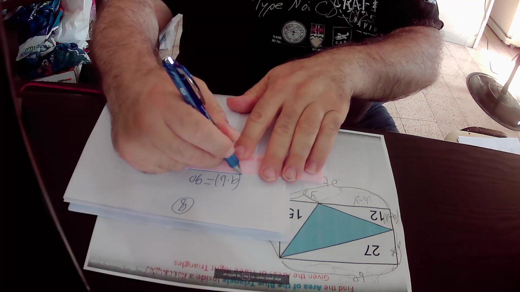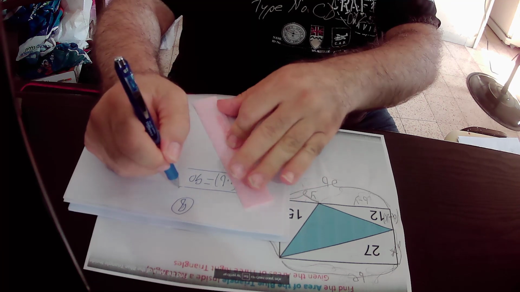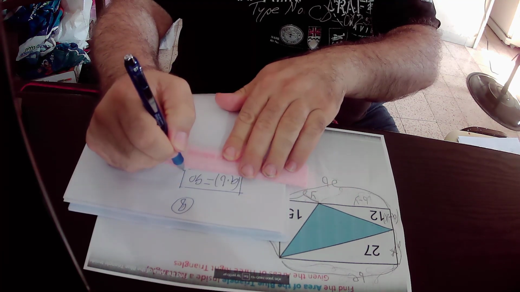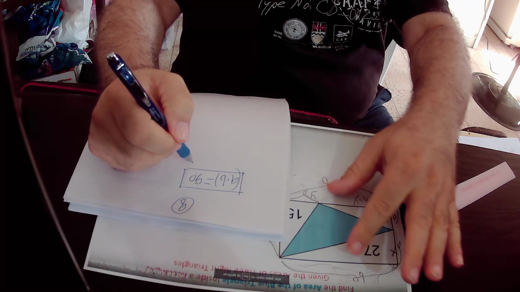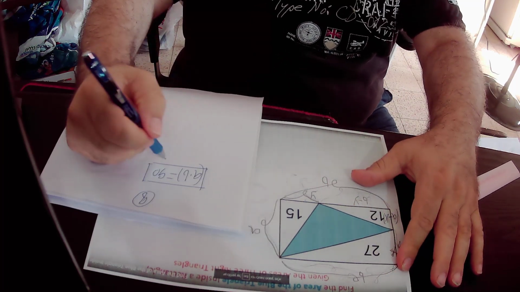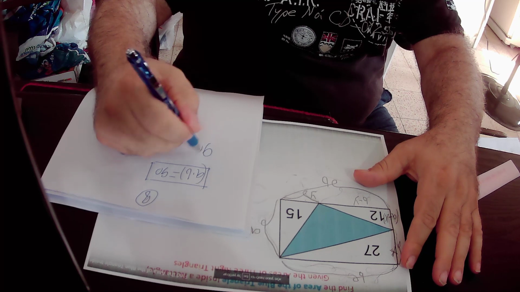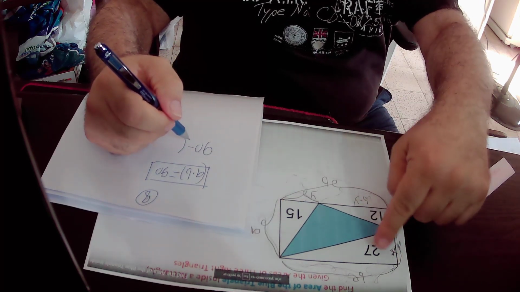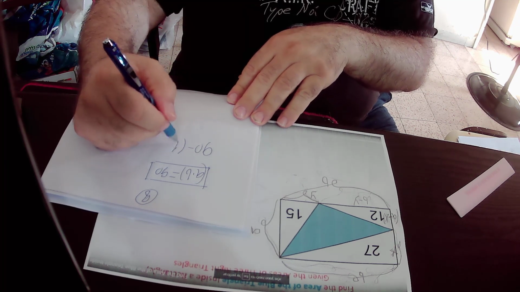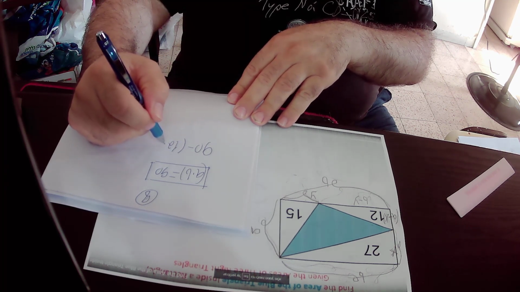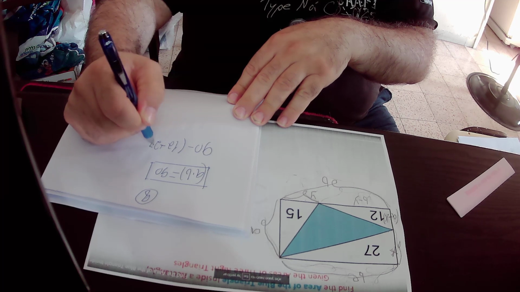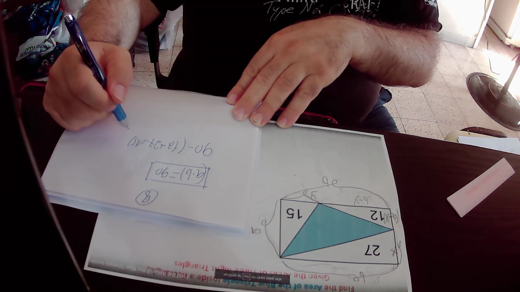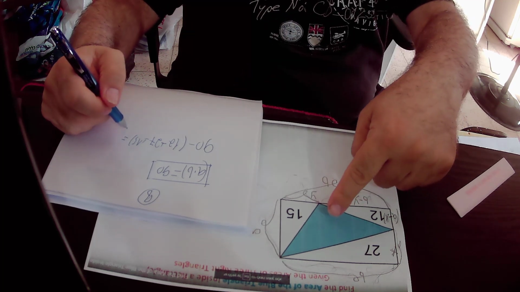The area of this rectangle, 90 units, minus the sum of the areas of these three right triangles, which are 12 plus 27 plus 15 units, equals the area of the blue triangle.